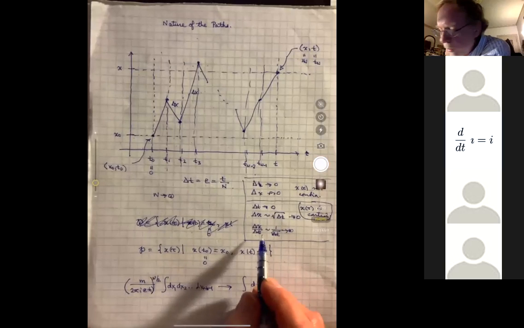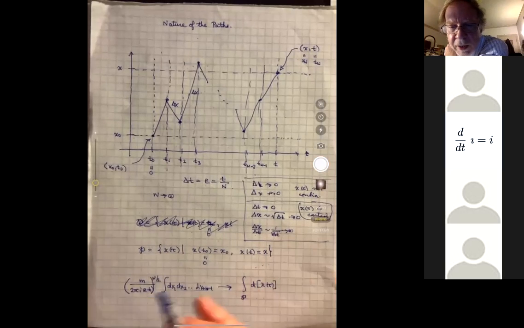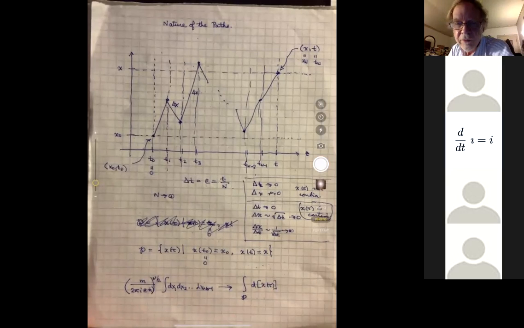If you want to visualize what such a path looks like, mathematicians think about these kinds of functions all the time: continuous everywhere, but differentiable nowhere. Weierstrass was the guy that started the study of such functions. But from a physics standpoint, if you just think about the trace on an oscilloscope for white noise, it gives you a pretty good idea of the kinds of paths we're talking about.